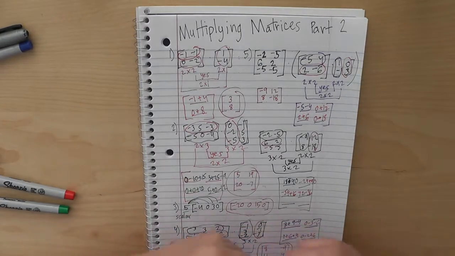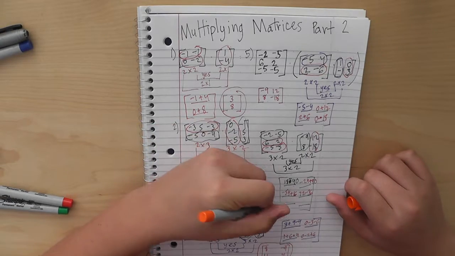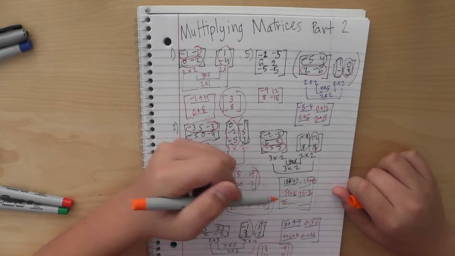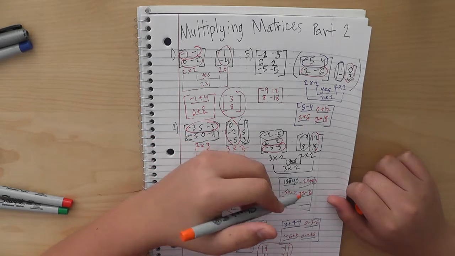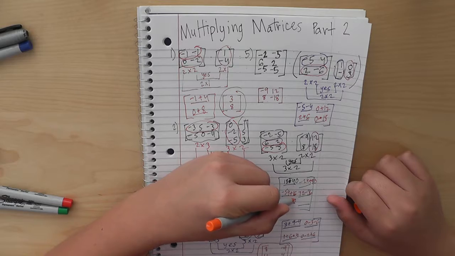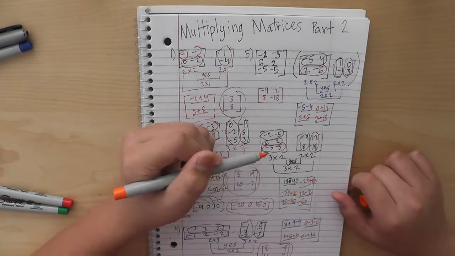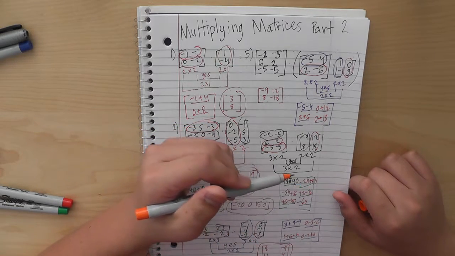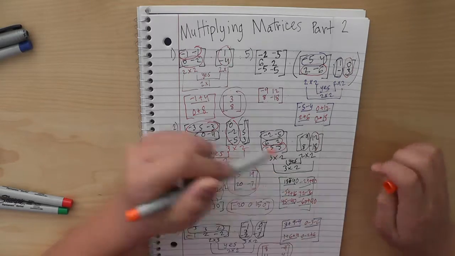For our final one, third row by first column, -5 times -9 is +45, plus -5 times 8, which is -40. -5 times 12, which is -60, plus -5 times -18, which is +90.